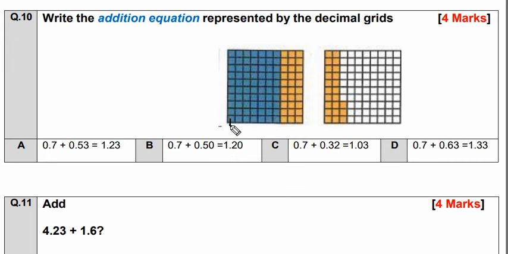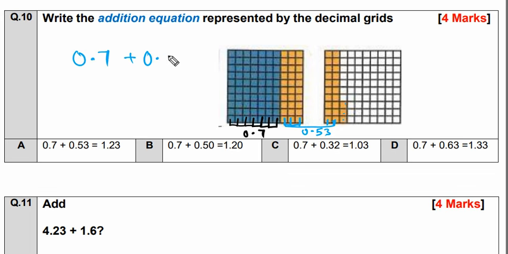This is 0.1, 0.2, 0.3, 0.4, 0.5, 0.6, 0.7. Now let's check this. 0.1, 0.2, 0.3, 0.4, 0.5. So here this is 0.5 and this is 1, 2, 3 in the hundredth place, so 0.53. So that's what you have to do.